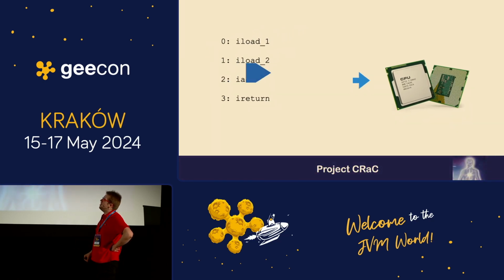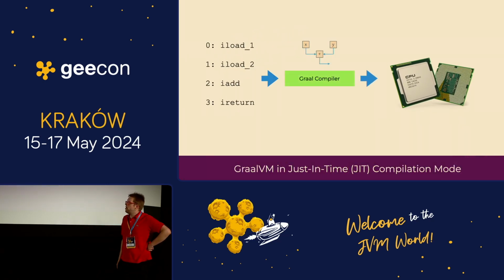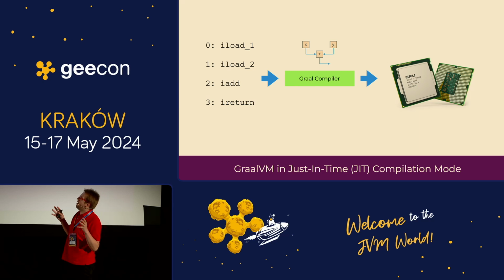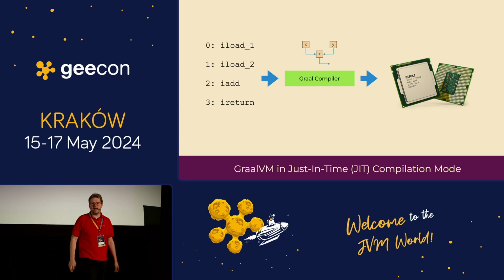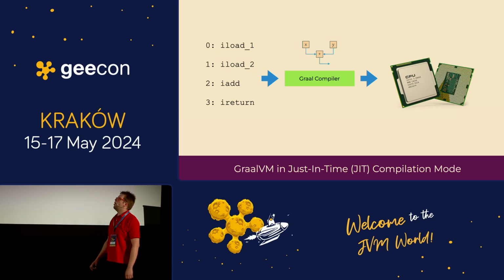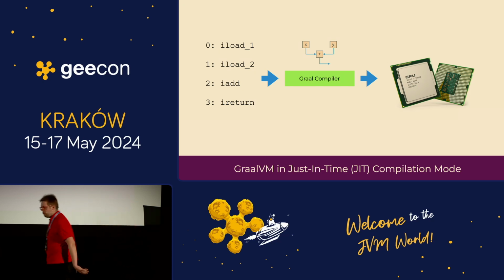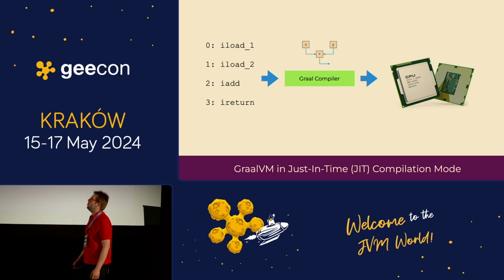In GraalVM, it's run in a different way, because the Graal compiler is taking bytecode as the input and creating an intermediary representation, the Graal intermediate representation, and it's optimizing it in a much different way, much more similar to what is happening in JavaScript engines or more dynamic programming languages.